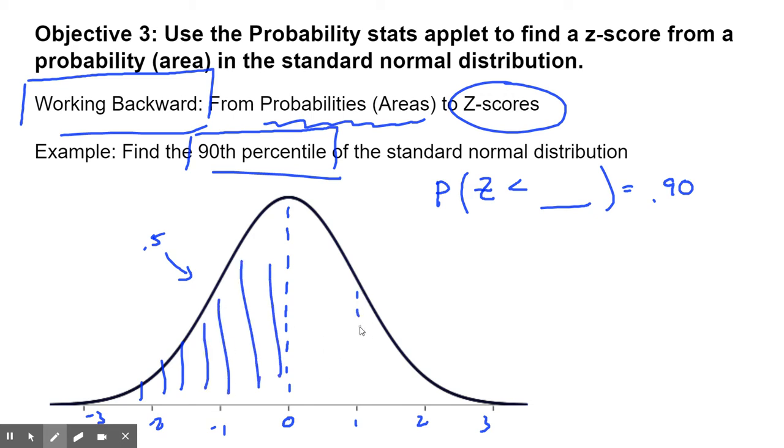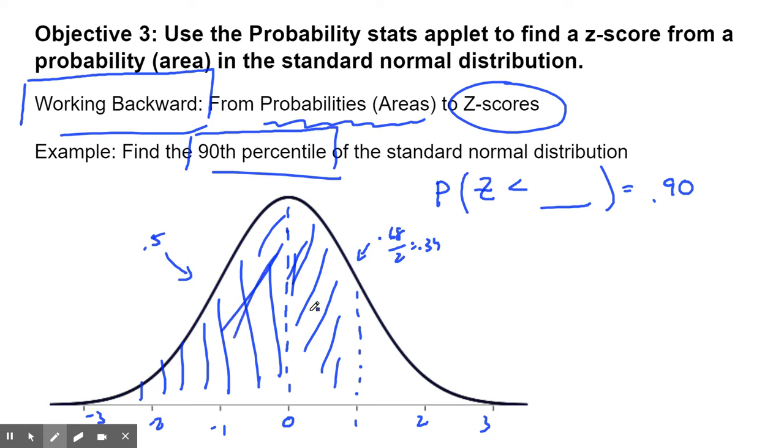Then if we add this area here, we're adding half of 0.68. That's 0.34. So far in my shaded area, this is going to be 0.5 plus 0.34, that is 0.84. So everything to the left of 1 is 0.84.